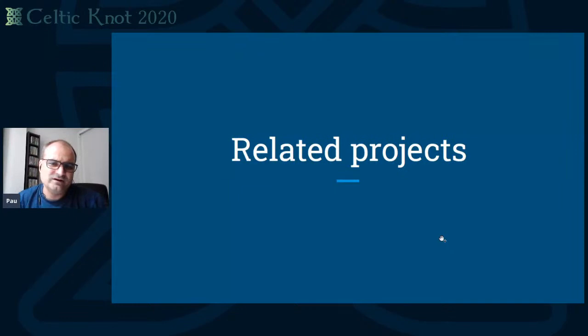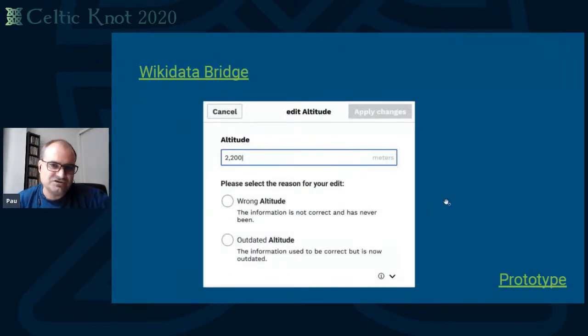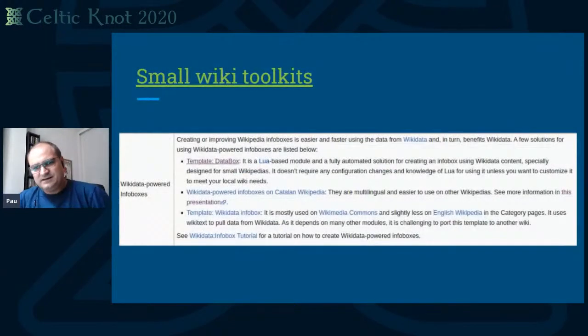To finish, I want to explain some related projects that seem to me very important. First one is Wikidata Bridge, which is a way to edit Wikidata from the Wikipedias. Our infoboxes are prepared for that. Second one is the small wiki toolkits.